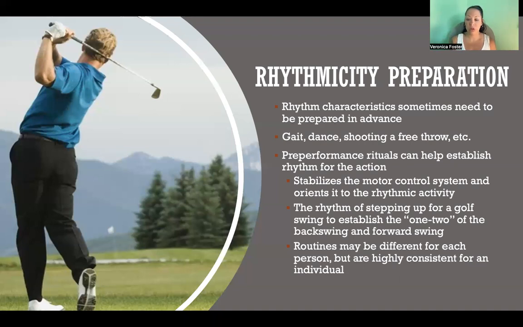Somebody shooting free throws might have the exact same performance ritual each time they shoot, and it might be different from the next person, but they're going to do it the same way each time they complete that action. And when somebody else tries to impose something on that pre-performance ritual, like make it longer, make it shorter, make them do something differently, that can interfere with the person's success in completing that action afterward.